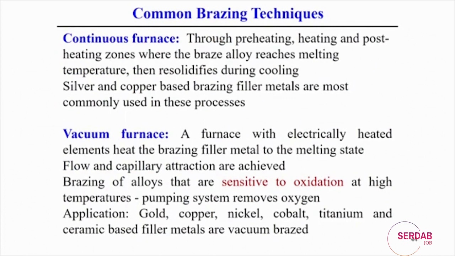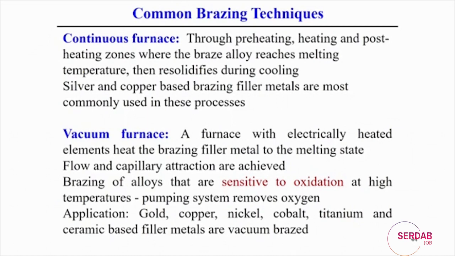The other brazing process uses a continuous furnace. There is a sequence of preheating the samples to assemble the different components through brazing techniques. The terms used are preheating of the material, then heating, and after that post heating zones.